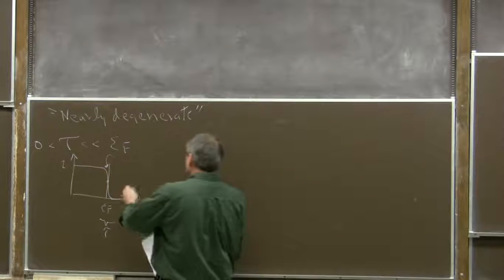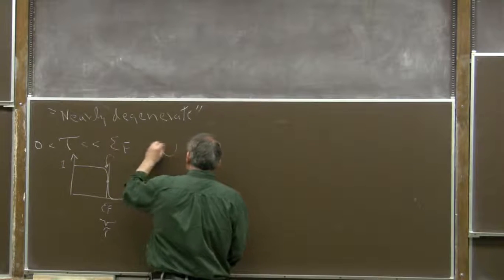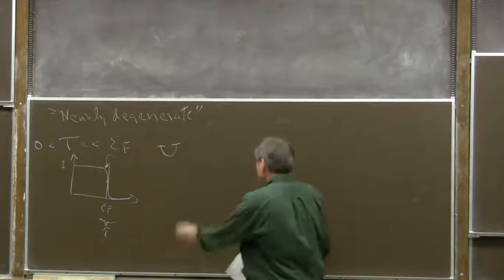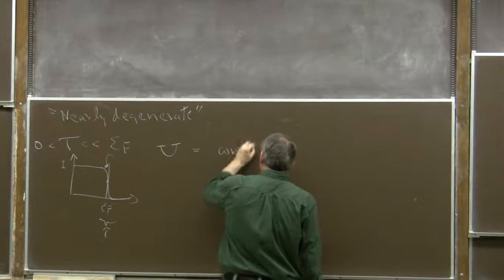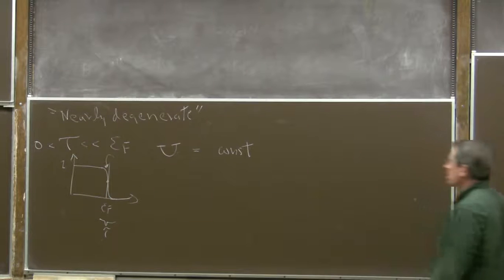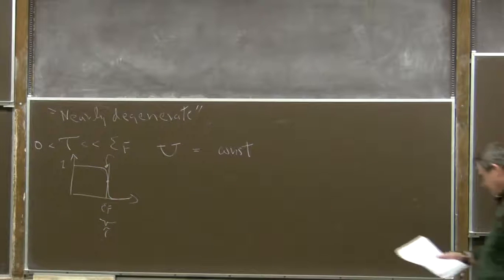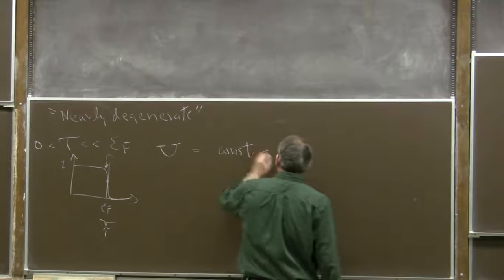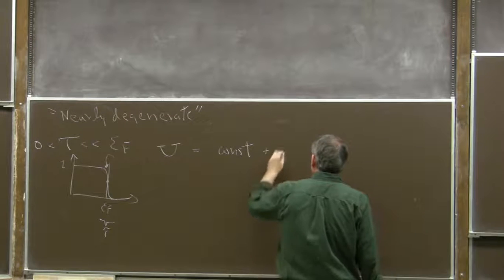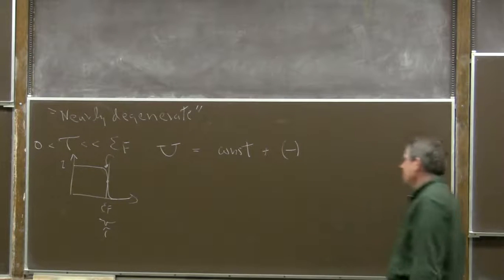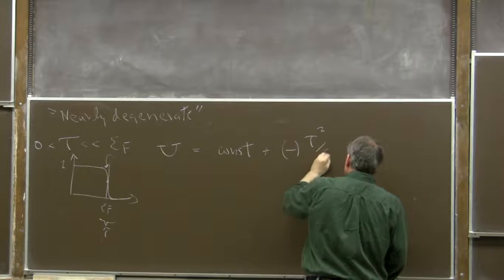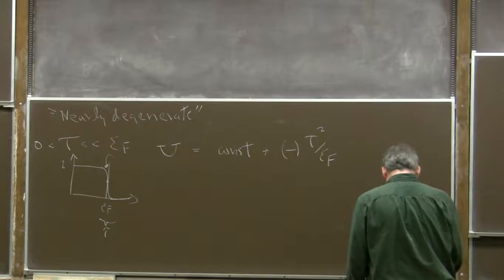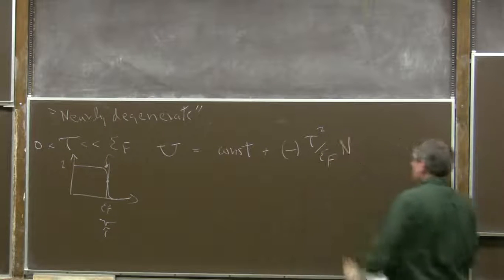And then we said that if we consider the internal energy in that case, it'll be whatever it is at 0 temperature, so constant means independent of temperature, but then plus some numerical constant times temperature squared divided by Fermi energy times number of particles.